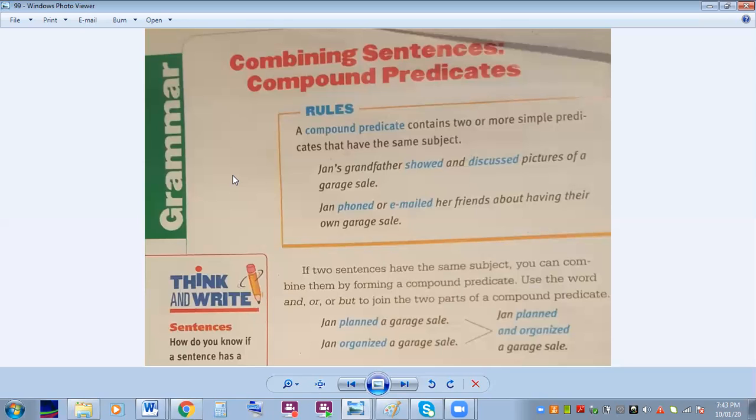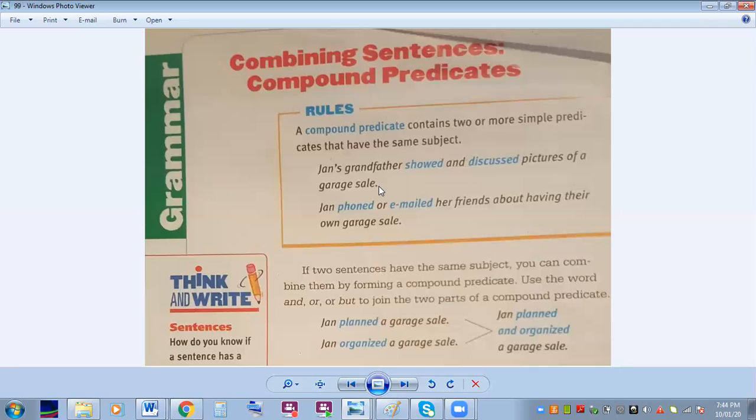So there are two simple predicates. The first one called, the second one asked. Okay, so when you have two or more simple predicates, two or more words that show what the subject does or is, then this is a compound predicate. Remember again, we said the word compound means made of two or more parts, okay?